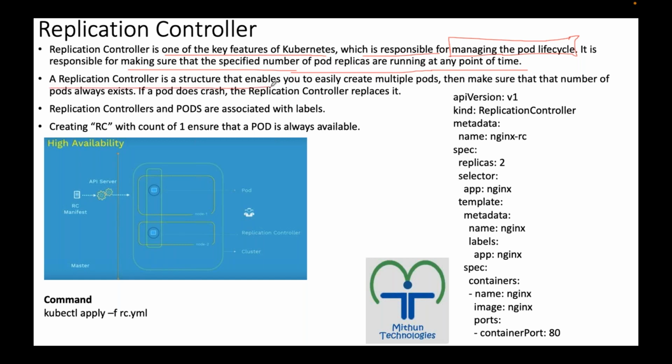Will replication controller enable you to create multiple pods, which means multiple replicas? By specifying the number of replicas as 2, with this pod specification, how many pods will be created? 2.